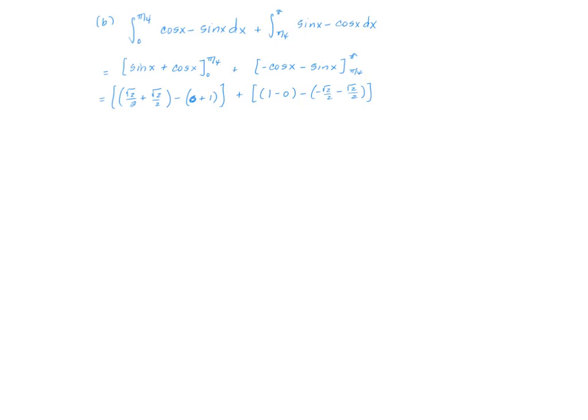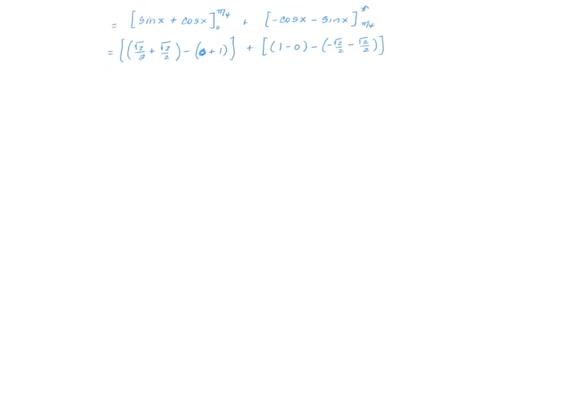And then we'll just go ahead and clean this up. Here, this would become 2 square root 2 over 2, which is just the square root of 2, minus 1, plus, in the second bracket, that's going to turn into 1 plus the square root of 2.